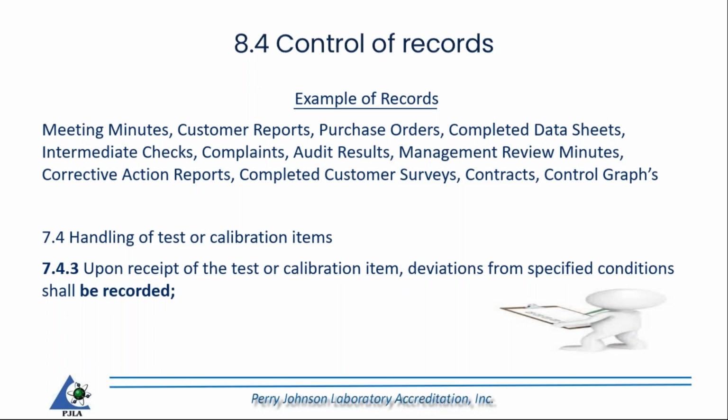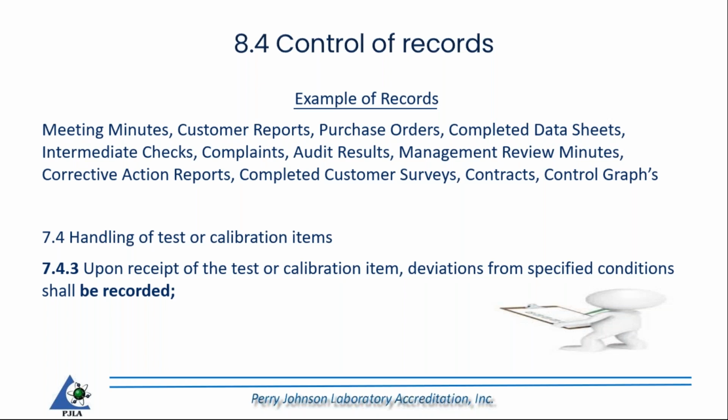Your intermediate checks on your equipment would all be considered records. Your complaint records, you may have a complaint log or a complaint form. Once you receive and add to them, they become records. Audit results, management reviews, corrective action, your completed customer surveys, contracts. So whenever you see the word recorded in the standard, you're going to be creating a record.